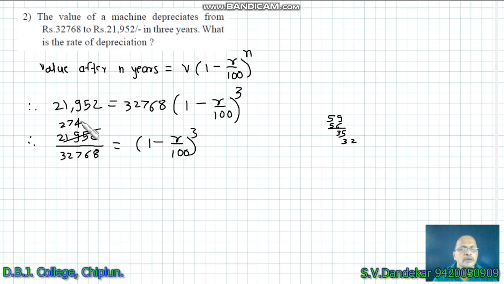Again I can divide by 2. I made a mistake here.